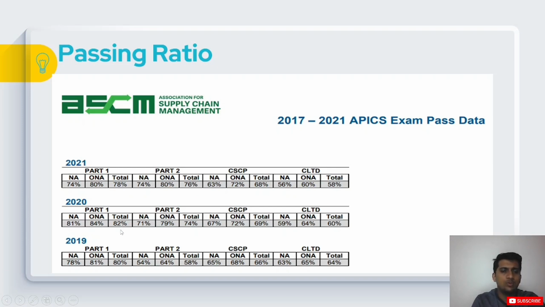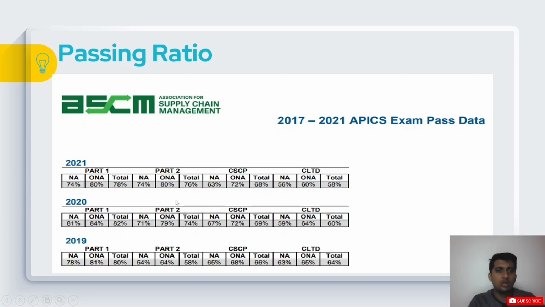In 2020 it was 82% who passed part 1, and 74% passed part 2. 2019 has a very low rate of part 2 passing, 58%, and that's quite understandable. When I gave part 2 it was really tough, and when you see the amount of content part 2 has, it is almost twice part 1 in terms of syllabus.